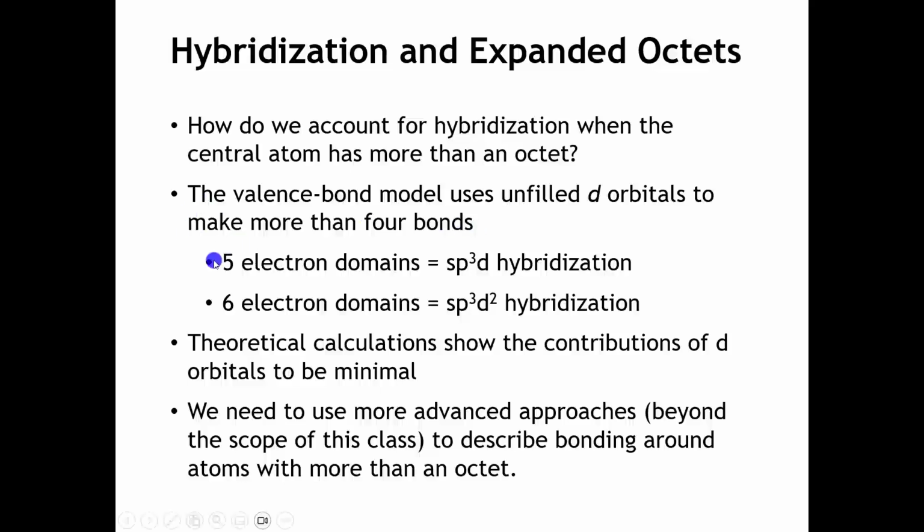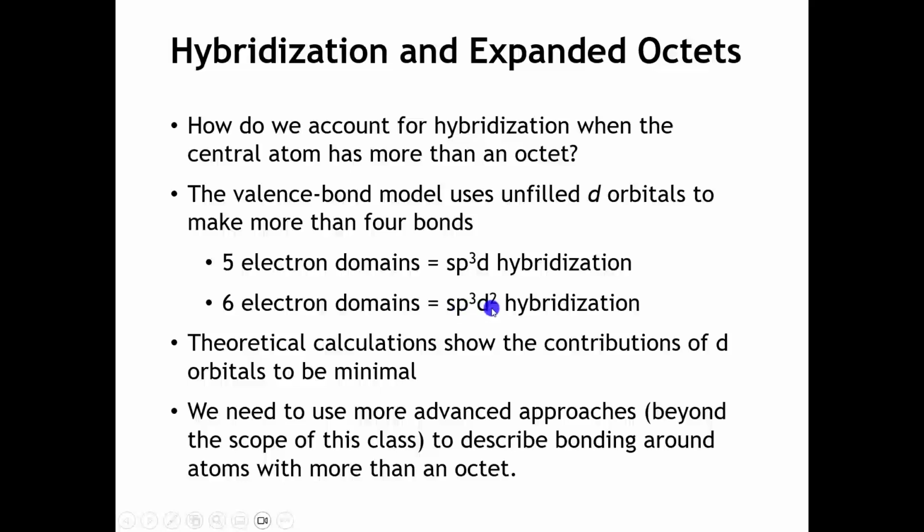And that means if we were to look at a molecule that has 5 electron domains, like SF4, we could say the hybridization is sp3d. If we had something with 6 electron domains, like SF6, it would be sp3d2.